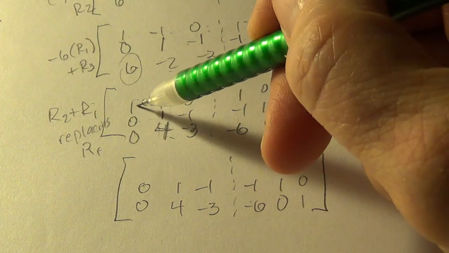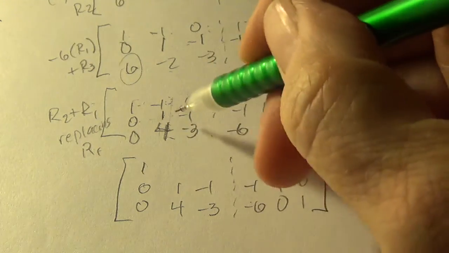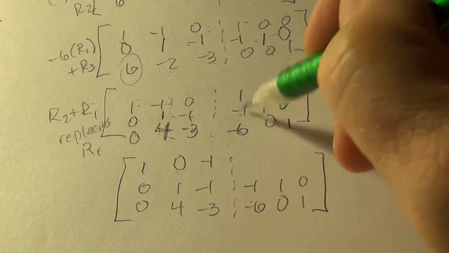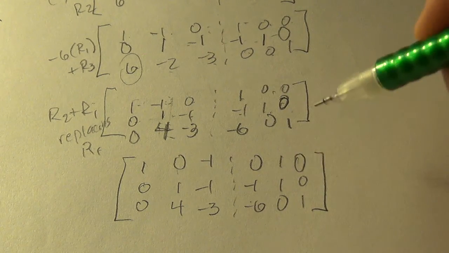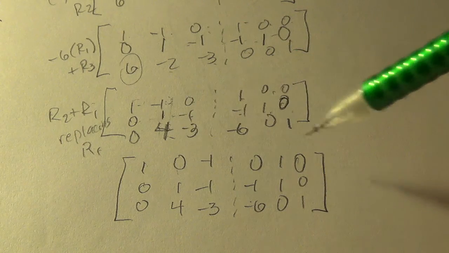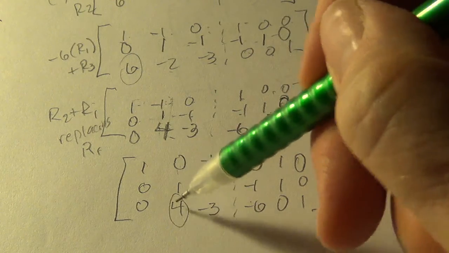If I add this to this, I get a 1. If I add this to this, I get my desired 0. This to this, and that to that. Alright, so let's see what we got. Looks pretty healthy.